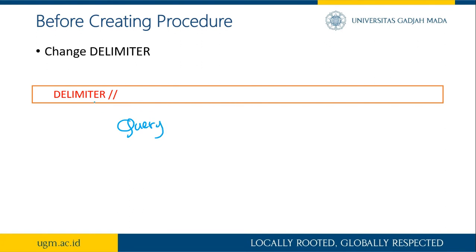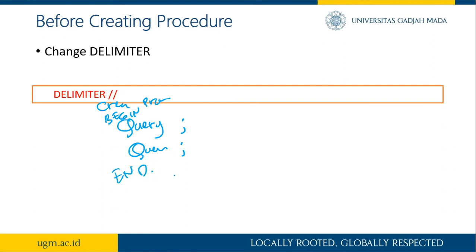So for example, I create procedure, and then begin, and then this is the first query, for example select something, and I end with the semicolon, and then another query, for example select another thing, or update, or insert. Then this will end with another semicolon too, and then end.